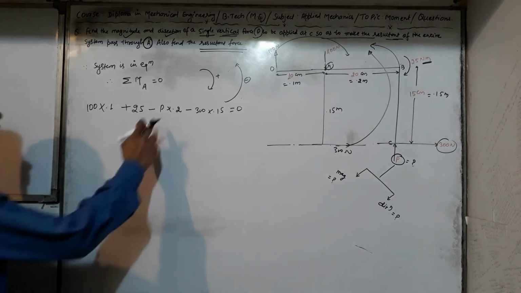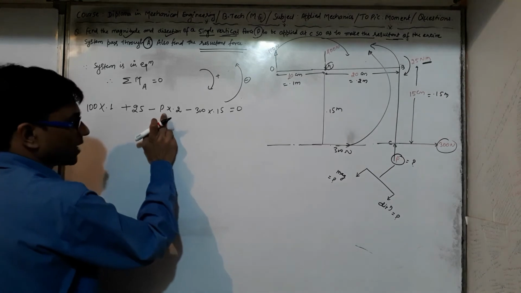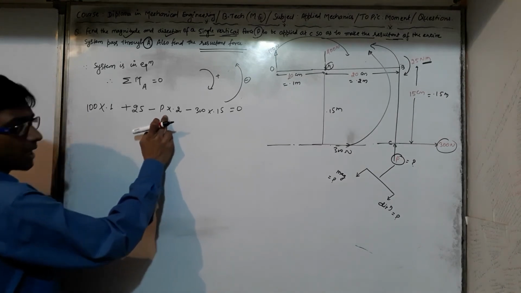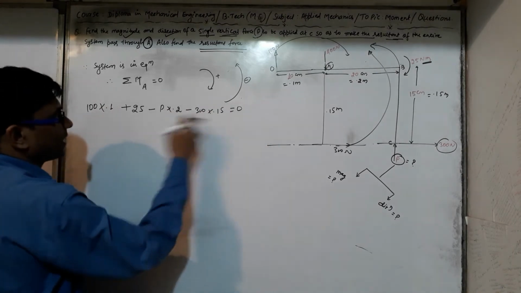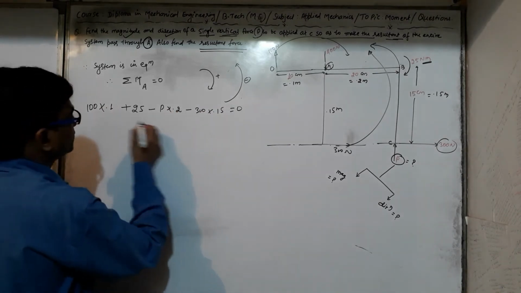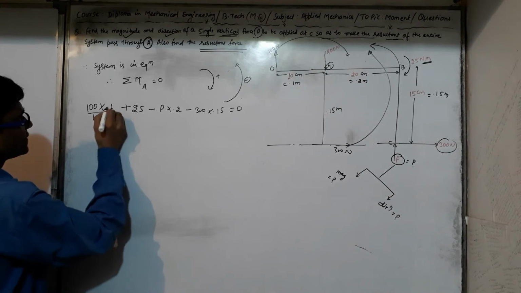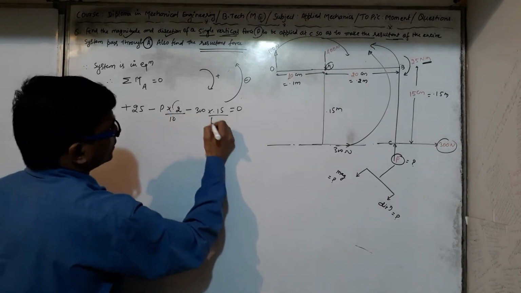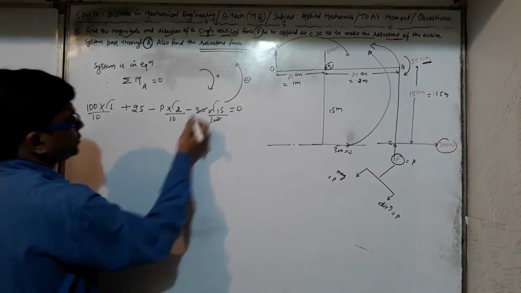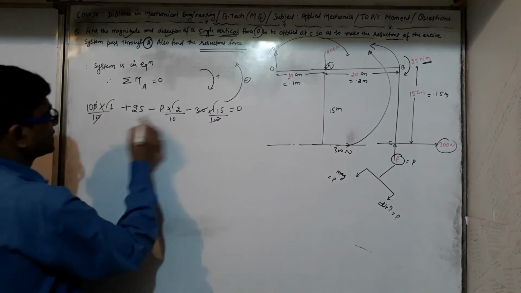Okay, now while transposing this, because it is an unknown quantity, we have to find the value of P. So I'm transposing to the right hand side, then it becomes... the 10 and 100, this 00 and this 10 cancel out.